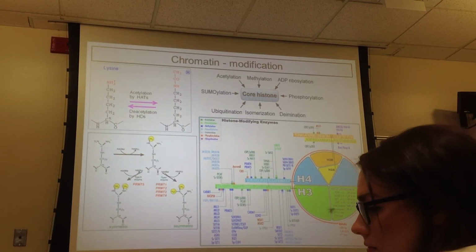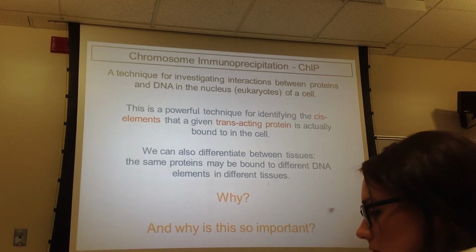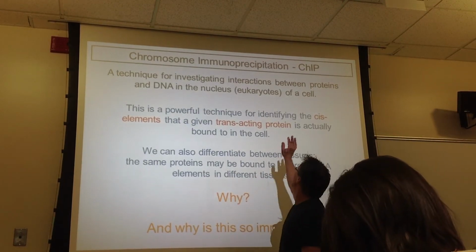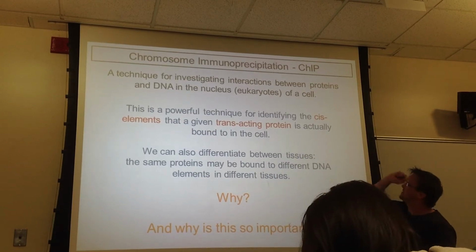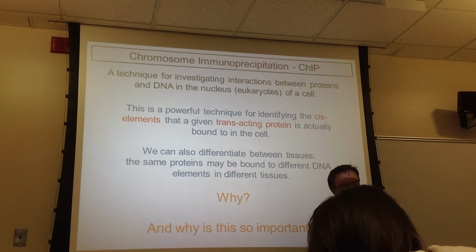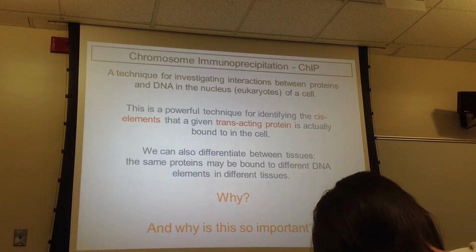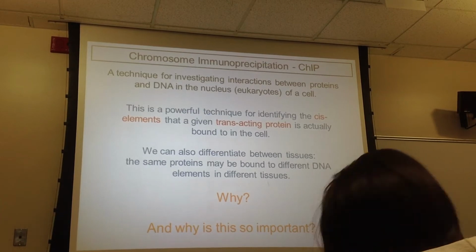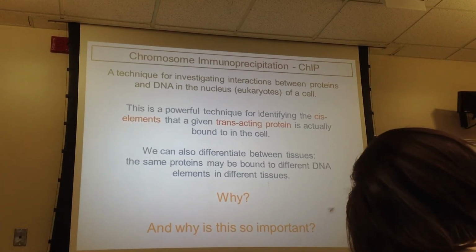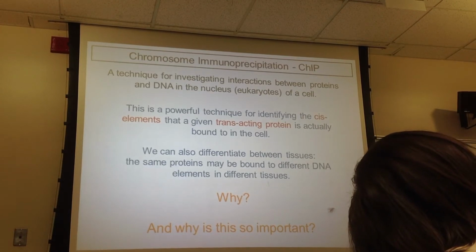Now the main topic of the day, chromatin immunoprecipitation, or ChIP. Uppercase C, lowercase h, uppercase I, uppercase P. This is almost always done when studying eukaryotic cells, although I'm sure you could do something analogous to this if you're studying bacteria.